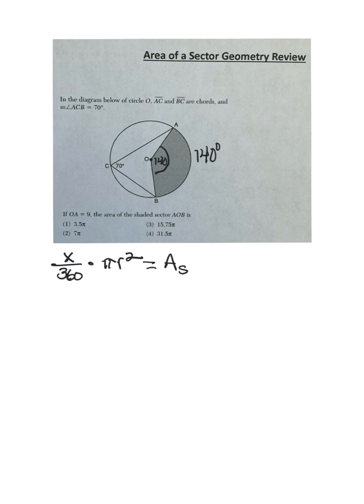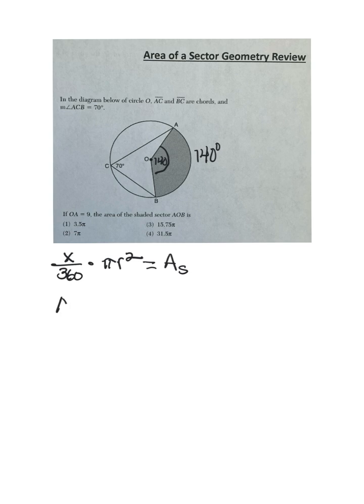I'm just going to do S for sector, okay? So this is the formula for a full circle, but we're only taking a portion of it. And the portion that we're taking is just this 140 out of the whole 360, okay? All right, so moving forward, that's the formula. It should be on your formula sheet, and here we go.